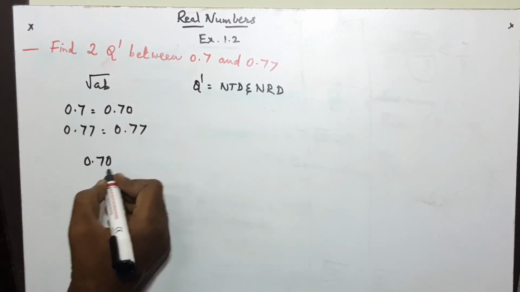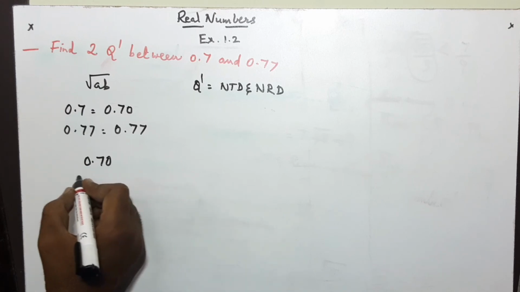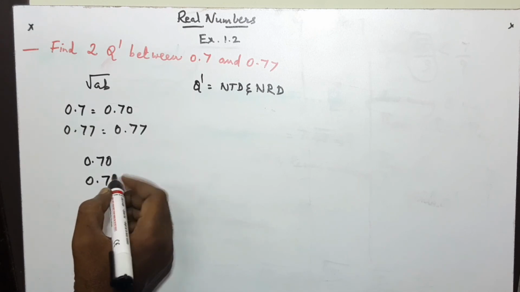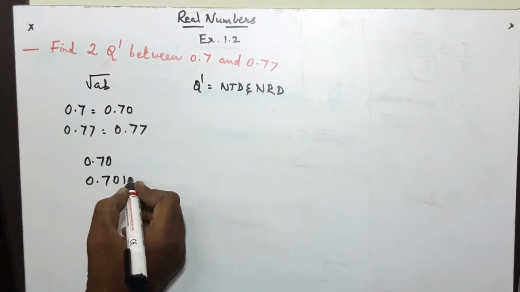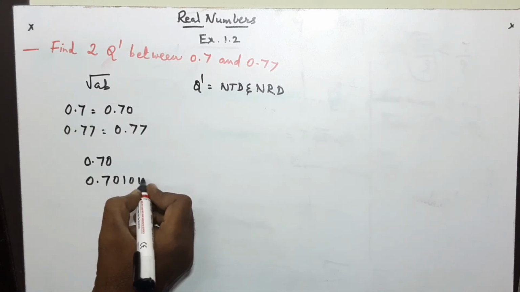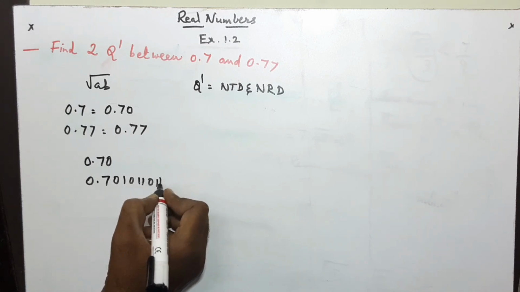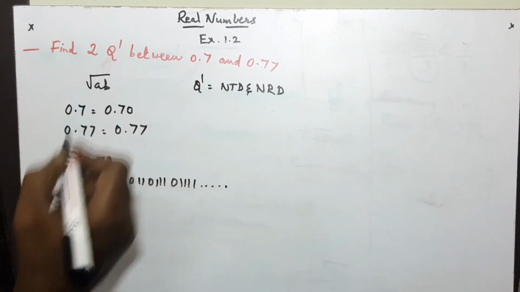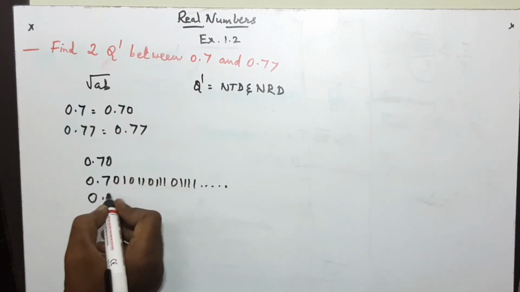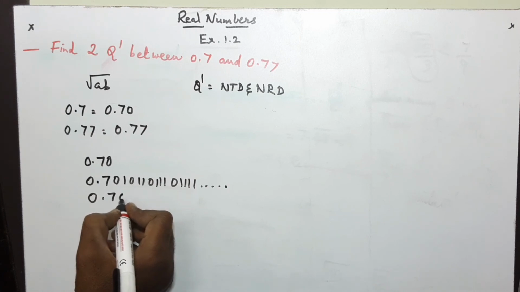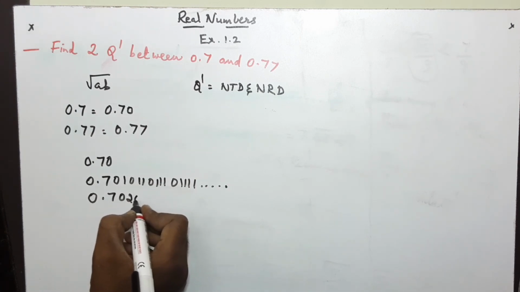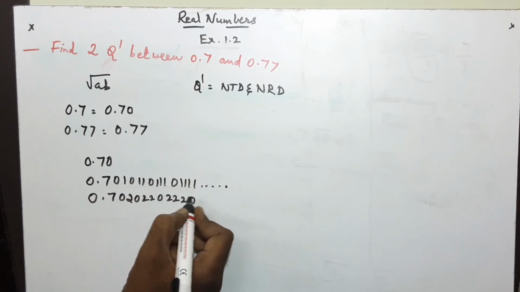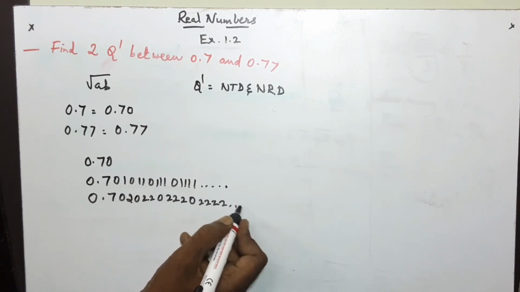So 0.70 is one thing. What is the next number? We can write 0.70, then 1 0 1 1, then 0 1 1 1, then 0 1 1 1 1, and so on. Next one: 0.70, after 1 let us take 2: 0 2 2 0 2 2 2 0 2 2 2 2, and so on.